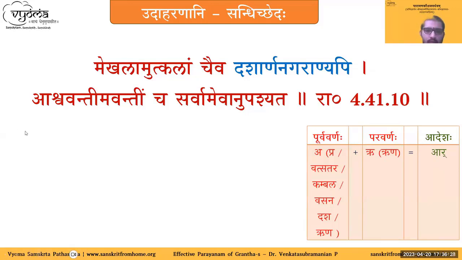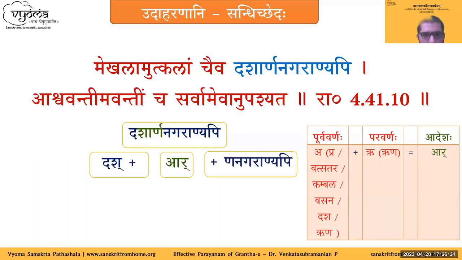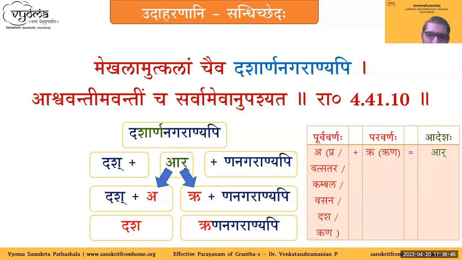If we see the split, Dasha Rina Nagaranyapi, R is split into two letters, one is A, the other is R. So we get Dasha Rina Nagaranyapi, and Dasharna Nagaranyapi is the Sandhi happening here.